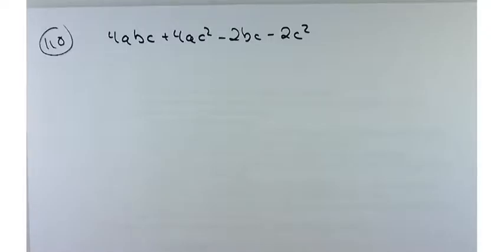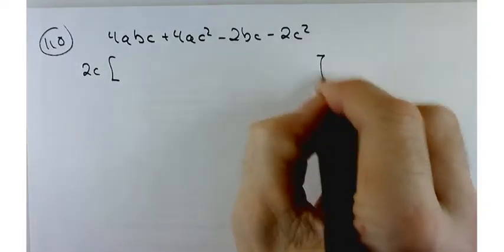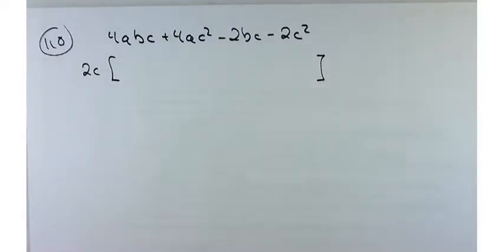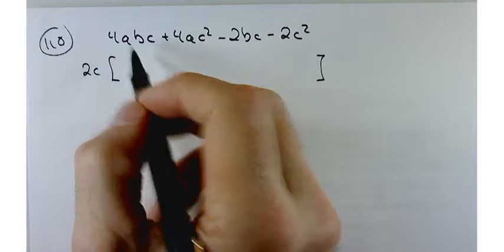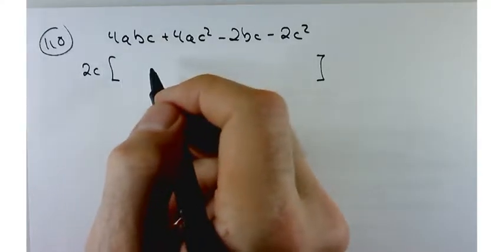Is there something that's in common to all of these? A c, good. Anything more? A 2. So I'm going to factor out a 2 and a c from all of these. Again, I'm going to use brackets just to help visually see what's grouped together. If I take out a 2 and a c, what's left from the first term?